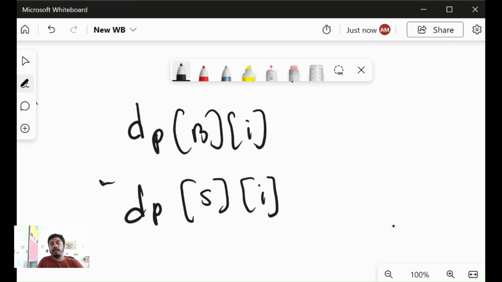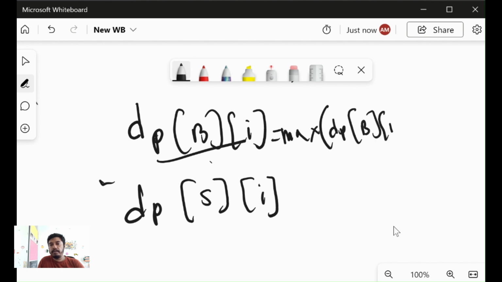So now for this problem, how are we going to compute DP B of I? Okay, so as before, we would again have a max over DP B of I minus 1, because it's a maximum. And for the profit that I'm going to make by buying on day I. Remember that in the earlier problem, we were not allowed to do any activity before doing a buy activity, correct? So we had this minus prices of I earlier.